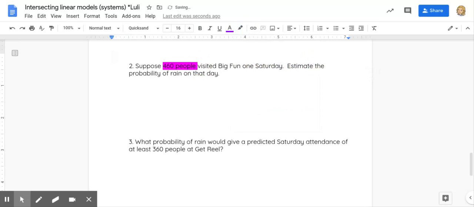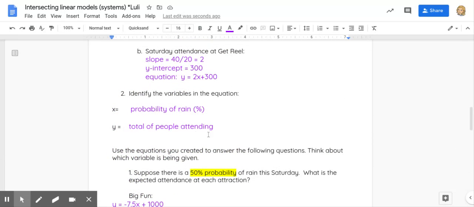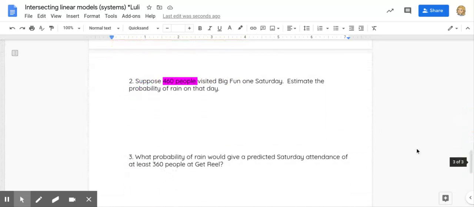Okay, so we should figure out, would that be our x or our y? So they're telling us the people. If I scroll back up, here's my variables. So our number of people is our y. So they are giving us the y variable. So when we use our equation for Big Fun, that equation is y equals negative 7.5x plus 1,000.